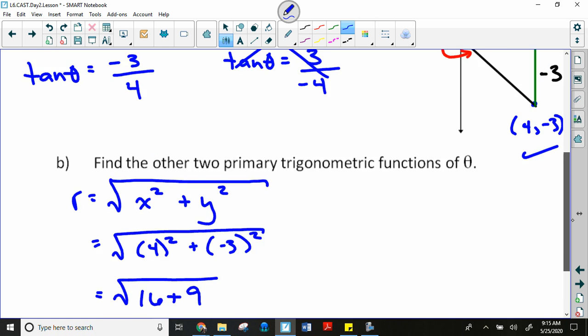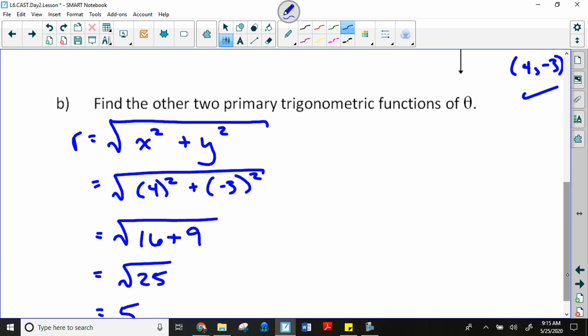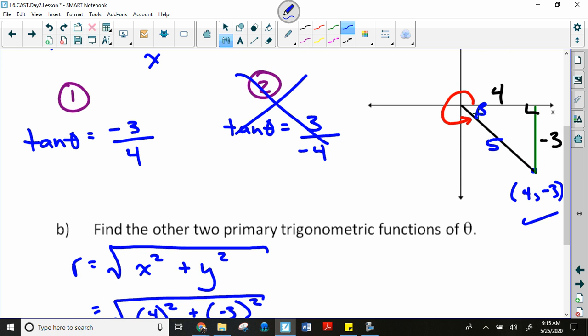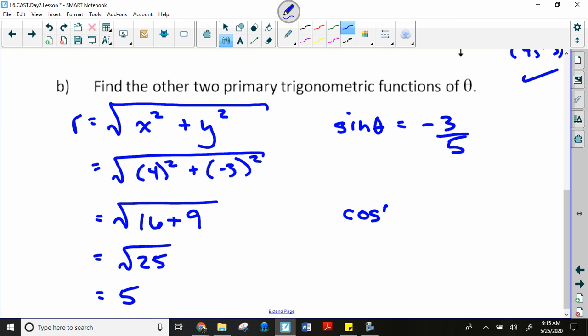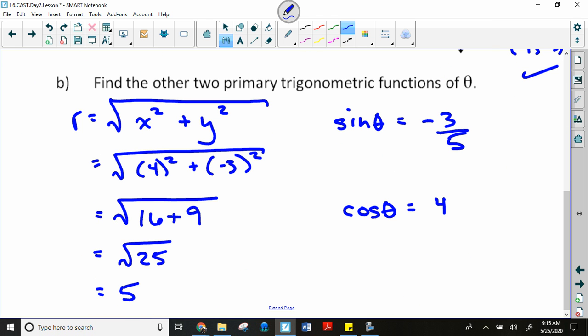So we have a hypotenuse, or radius, of 5, which means our other two relationships of this related acute angle would be: sine is opposite over hypotenuse, so sine of this angle is negative 3 over 5, and cos is adjacent over hypotenuse, which is 4 over 5. That's all it's asking for. It gave us tan, then it wants you to find the other two.